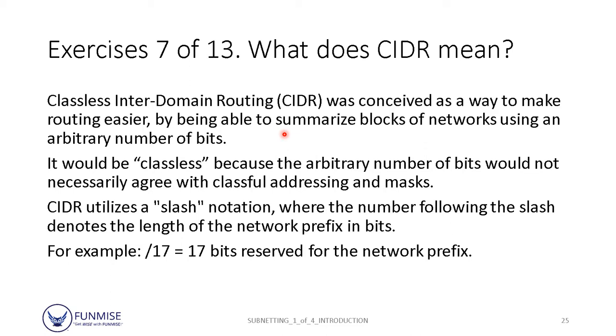Which means they would not have to only use classful networks with /8, /16, or /24 masks. They can instead use any arbitrary boundary they chose to summarize these networks for routing, which would in turn decrease the size of their routing tables.